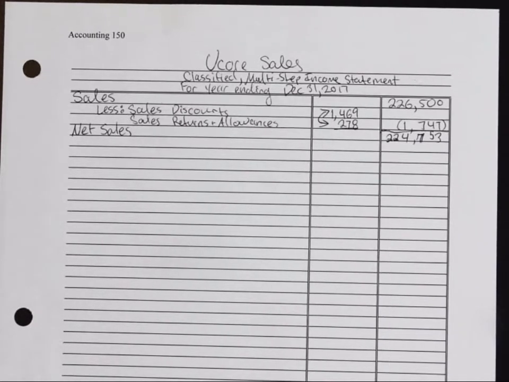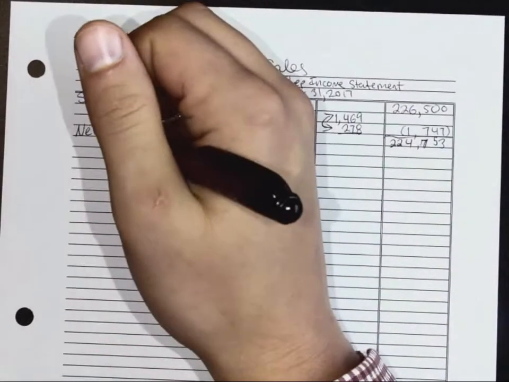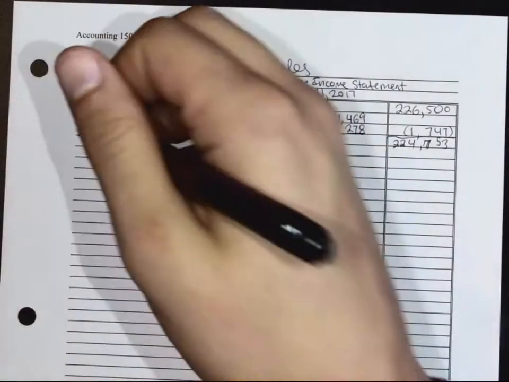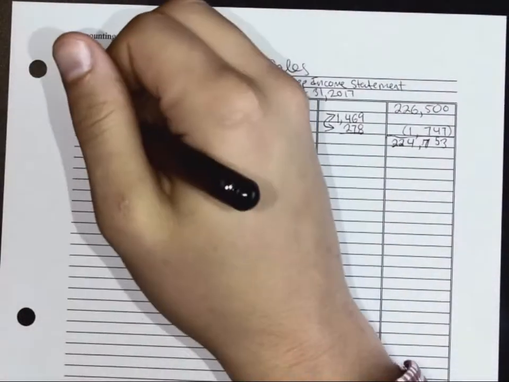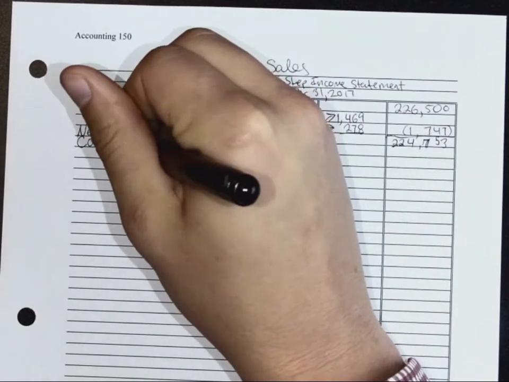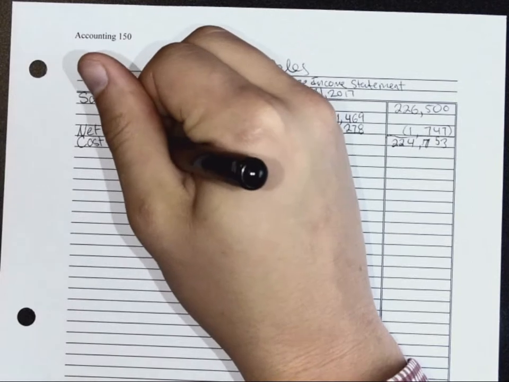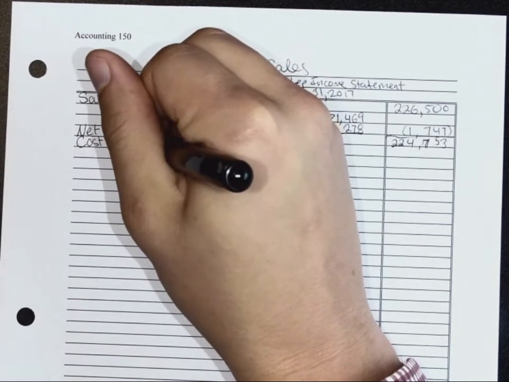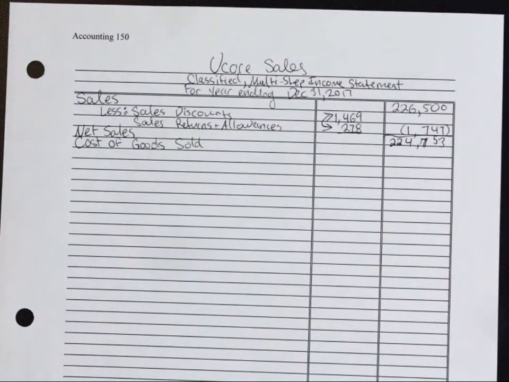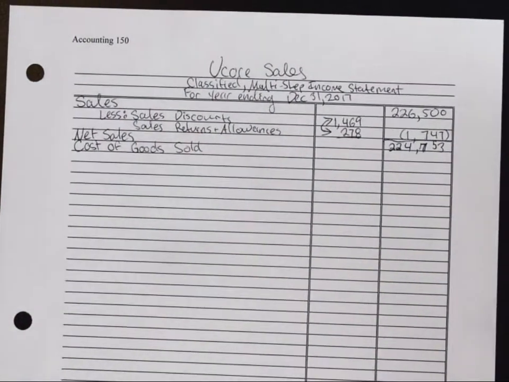So our first expense, we want to determine our gross profit from sales or contribution margin. So our first expense will be cost of goods sold. Now this is the expense we use when we sell our inventory. So we want to know how much money is left over after all of our sales, less the cost of those items.